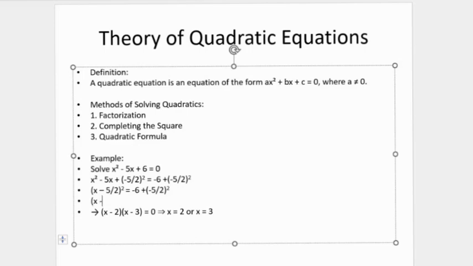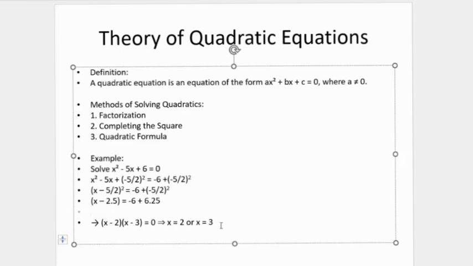So x minus 2.5 squared is equal to minus 6 plus, so minus 2.5, 5/2 squared, so that's 25/4. And what does that give us in decimal? 6.25, I think. Yeah, that's correct. 6.25.